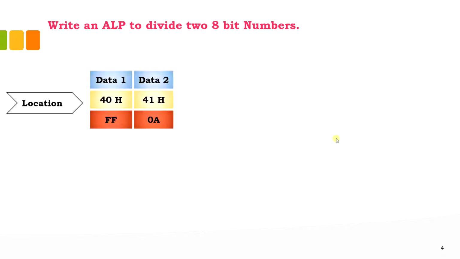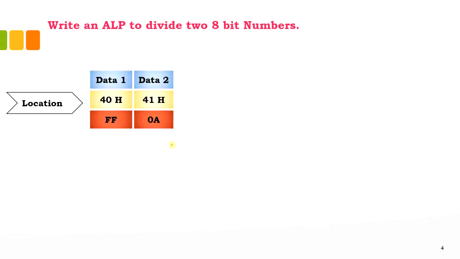Here we will consider the two numbers to be present in the memory locations 40H and 41H. The memory locations which will be utilized are 40H and 41H, and the input data that will be stored will be FF and 0A.